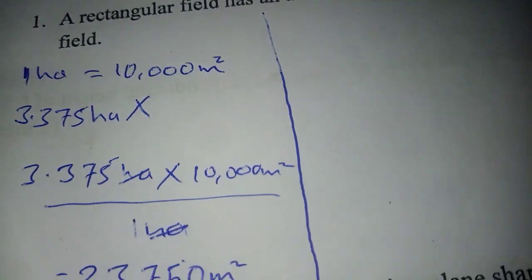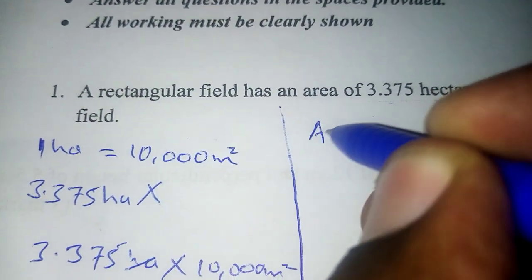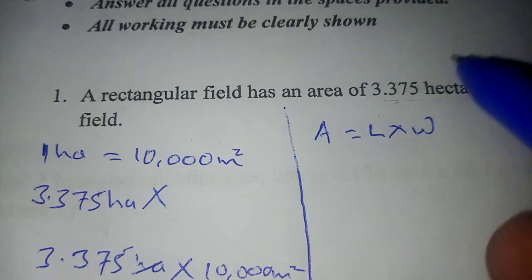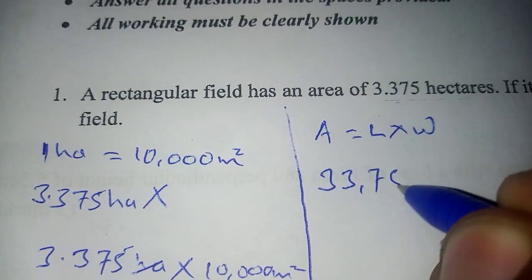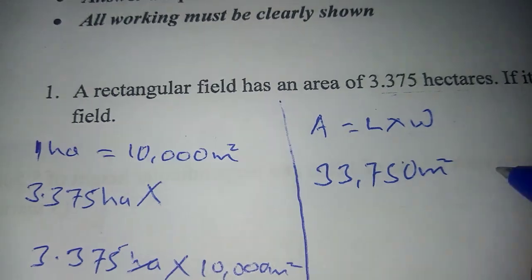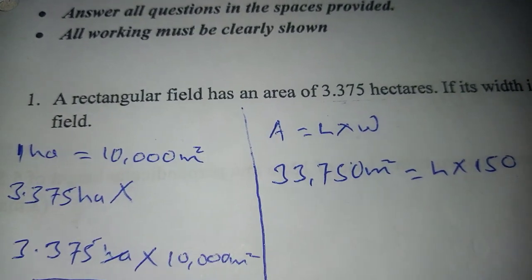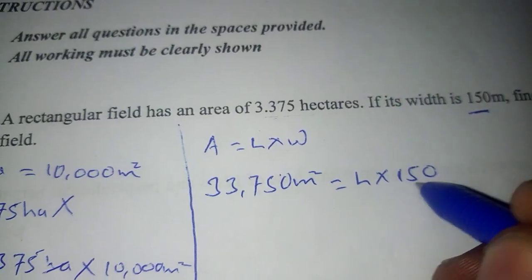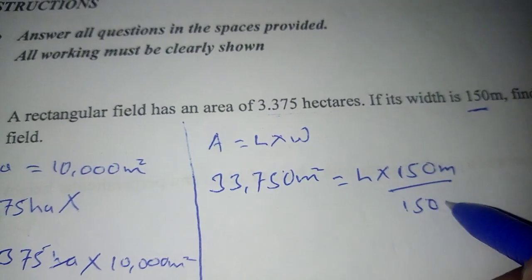So we want the length of the width. So we know that area of a rectangle, area equals length times width, and we have been given the width. So 3,750 meters squared equals length times 150, because this is our width, 150 meters. So I divide both sides by 150 meters.